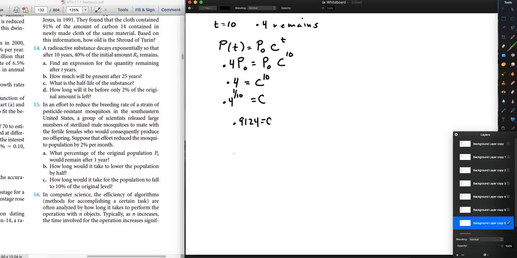So when I put my equation back together, I've got P of t equals P0 times 0.9124 to the t.